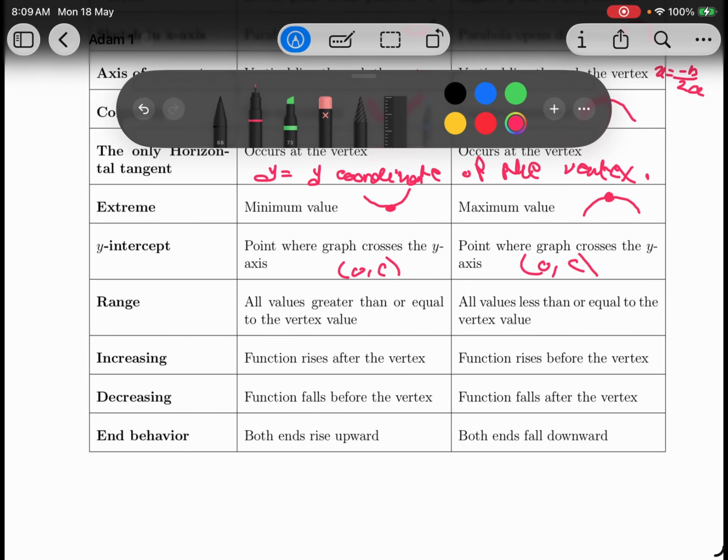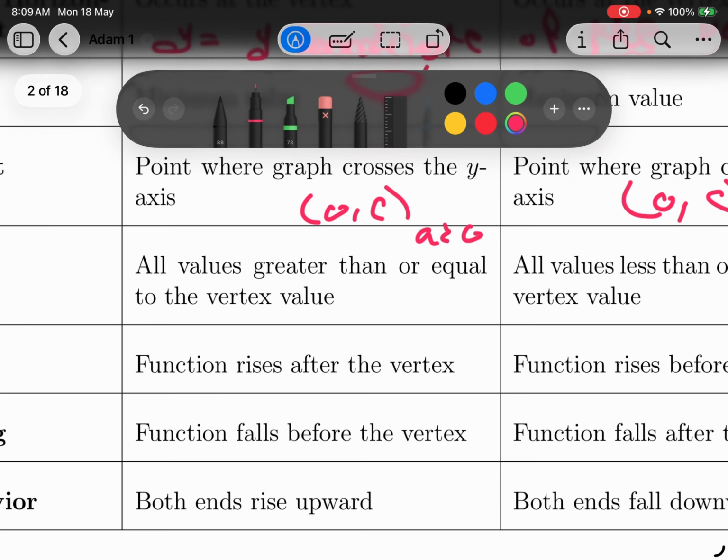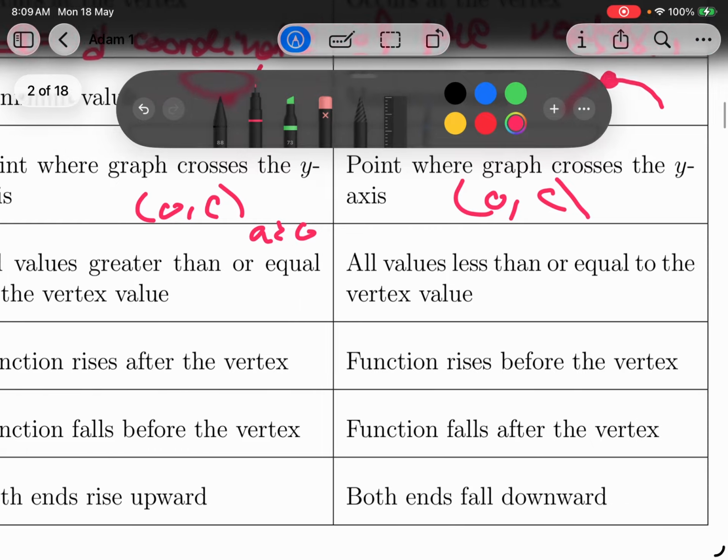So here, the range when a is more than 0, I have a very nice description here: all values greater than or equal to the vertex value, which means the y-coordinate of the vertex.